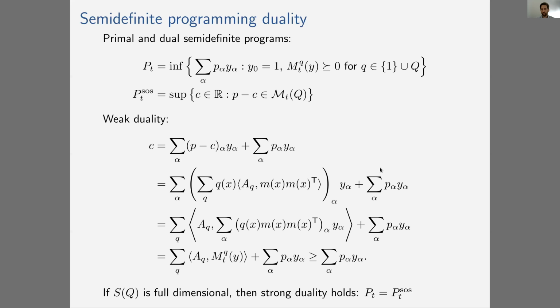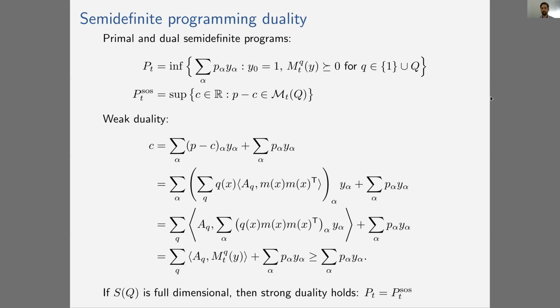So we now believe, without really having seen the full proof, that these are SDP duals of each other.